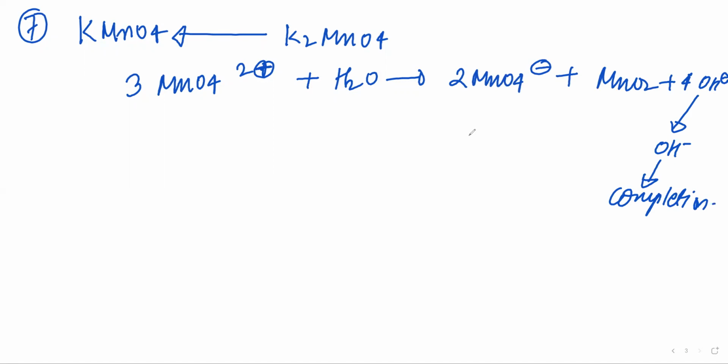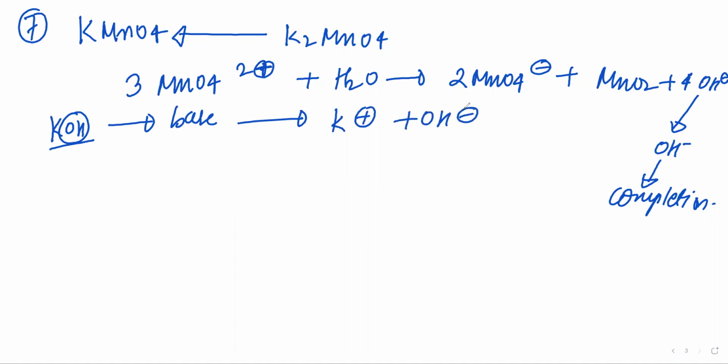So next point. It was asked in 2013. So let's see the explanation for that. So when KOH is there, KOH is a base, right? Because it has OH there. So it is a base, that after dissociation gives K plus plus OH minus, right? So it can't remove OH minus ion from the reaction mixture, but it adds to the concentration of OH minus.